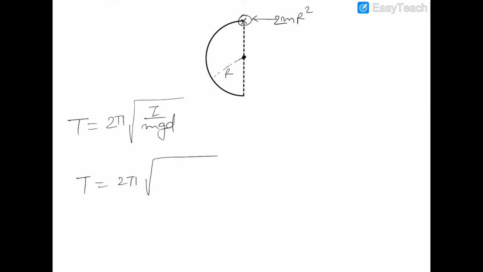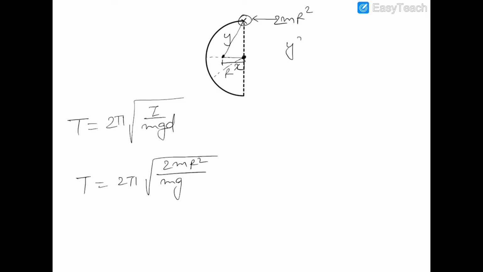This value would be the same for a ring and for a semicircular ring. So for a ring this value is 2 mr square, and therefore for a semicircular ring it would be the same. So this is 2 mr square divided by mg d, where d is the distance between the hinge and the center of mass. So this is COM, and this distance is, let's suppose, x, and this is y.